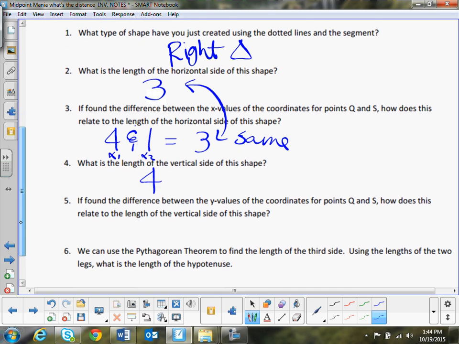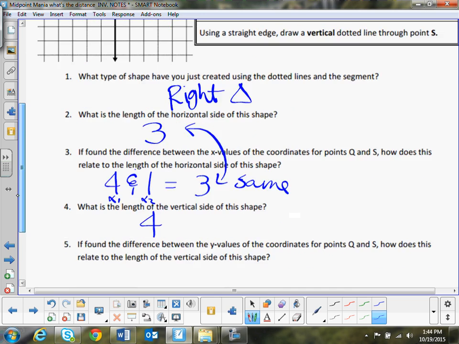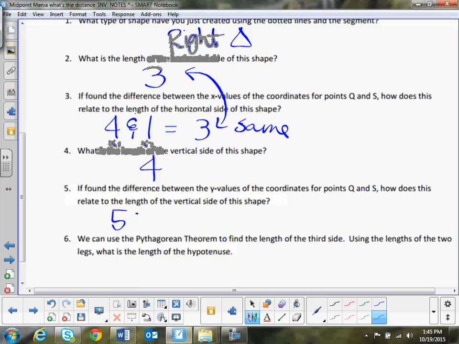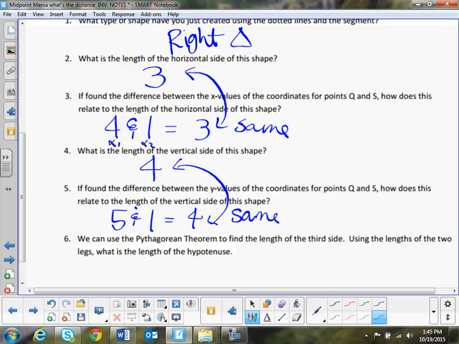Same thing there. How does that compare to the y coordinates? What were the y coordinates? 5 and 1. And so what's the difference between 5 and 1? 4 again. And so how does that relate? Same again. And so remember, 5 and 1 are like y1 and y2. Okay, so think about how it's going to come to the formula.